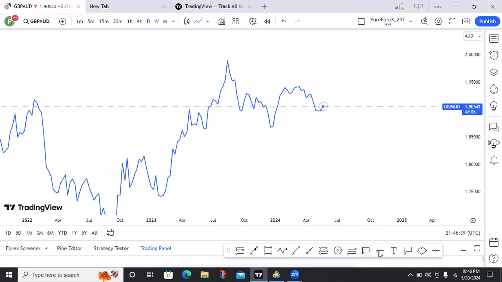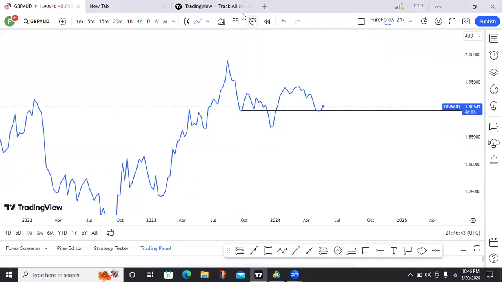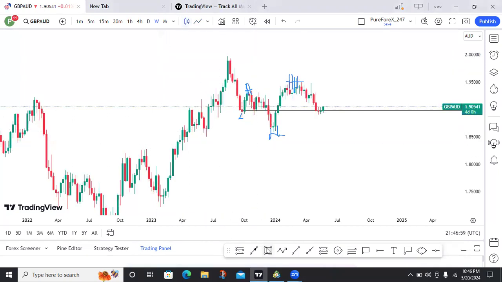Let's mark our Quasimodo continuation. So this is a low, high, higher high, lower low, right? So now let's go back to candlestick and let's mark.